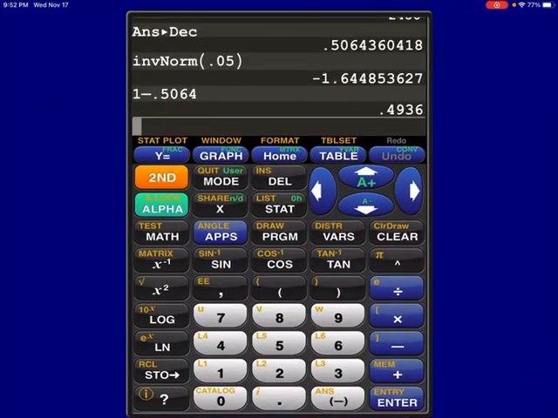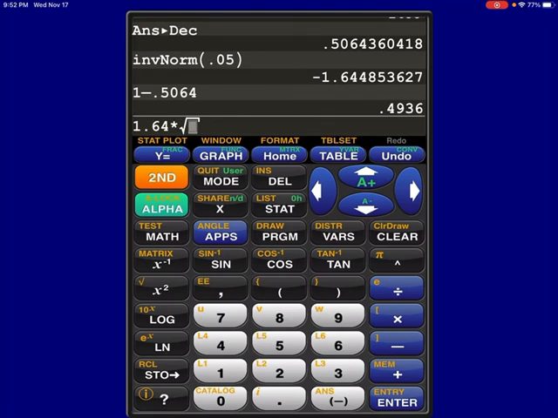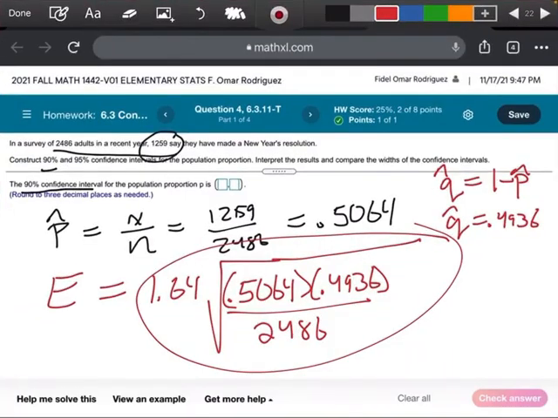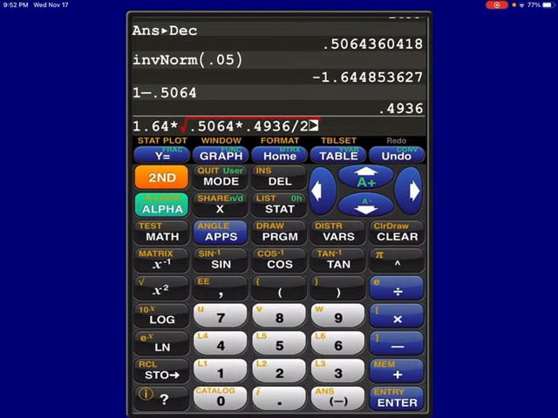We're going to do this calculation real quick. So let's grab our calculator. 1.64 times second square root of 0.5064 times 0.4936 divided by my n, I forgot what n was, 2486.